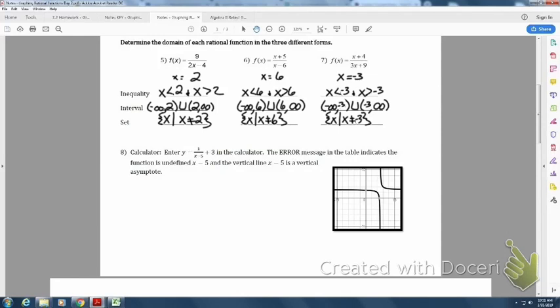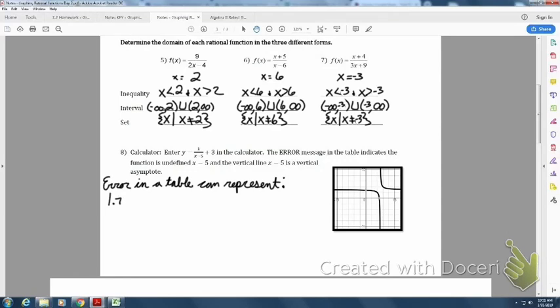Okay, so the error in a table can represent one of two things.